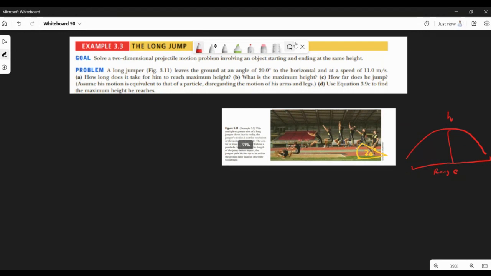I appreciate that. Okay, so the first thing we do, because we're looking for the maximum height, and if you remember our equations, it's Vy equals Voy minus, what is our equation, half gt.